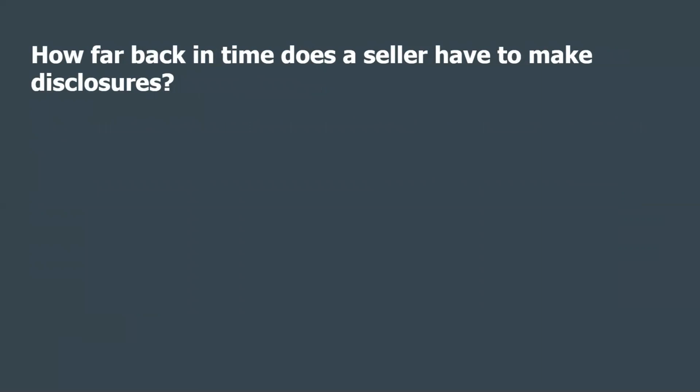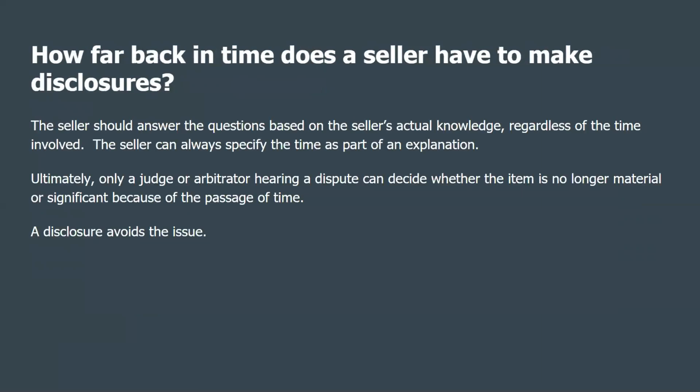How far back in time does a seller have to make disclosures? The seller should answer the question based on the seller's actual knowledge, regardless of the time involved. The seller can always specify the time as part of an explanation. Ultimately, only a judge or arbitrator hearing a dispute can decide whether the item is no longer material or significant due to the passage of time.